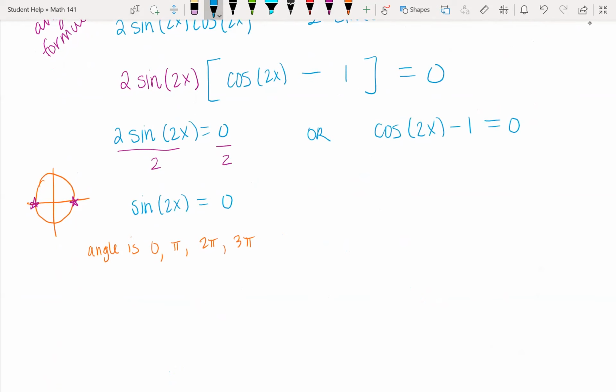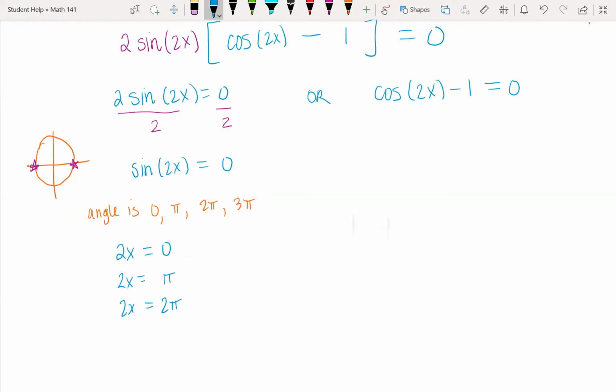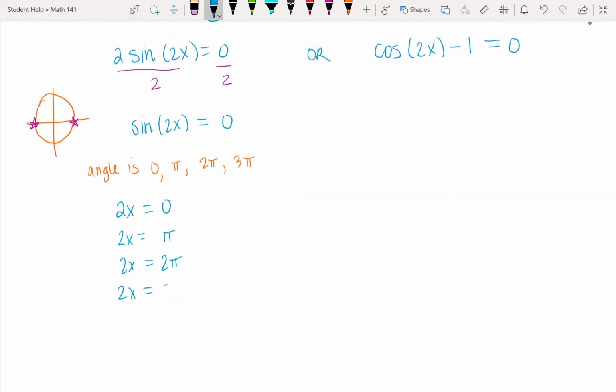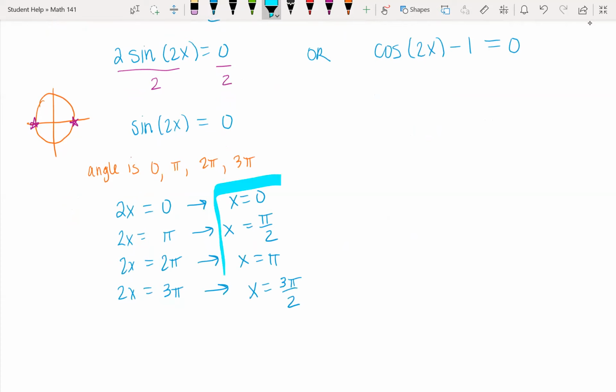But the angle that we have is 2x. 2x is either equal to 0, or 2x is equal to pi, or 2x is equal to 2 pi, or 2x is equal to 3 pi. So we'll solve each of these for x, and that gives us that x is 0, or x is pi over 2. Here we'll have x is equal to pi, and here we'll get x is equal to 3 pi over 2. So this is our set of solutions for the left-hand side of the equation.